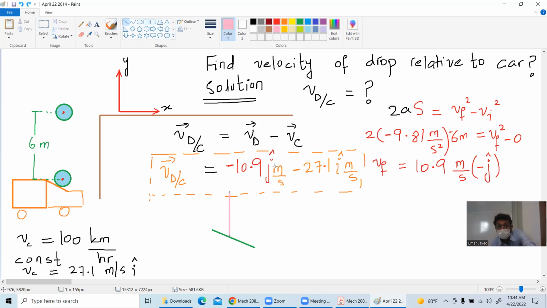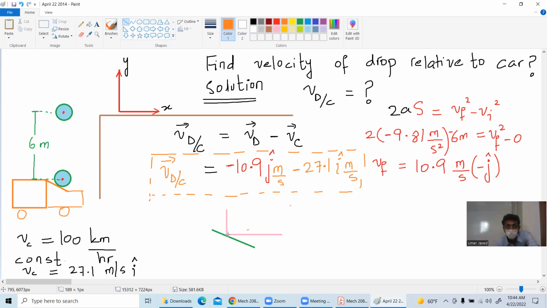And then there will be a very small minus 10.9 j, and a huge 3 times big vector again in the negative j, i direction.